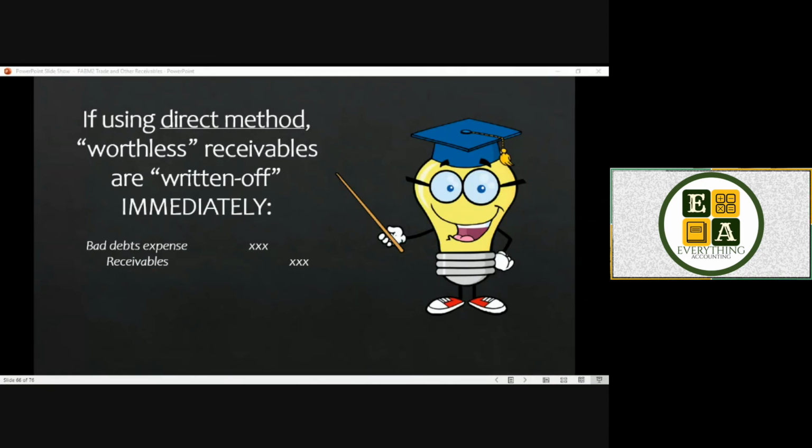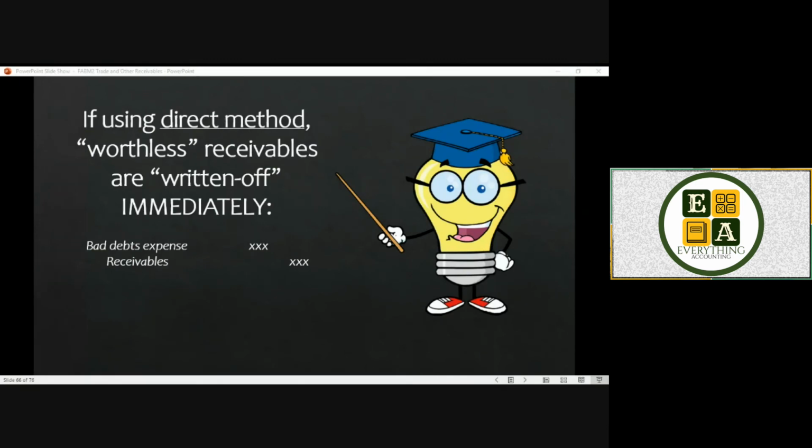So that's the time we recognize a bad debt expense, then directly credited to a receivable account. Okay? For direct method, there is a timing difference in recognizing the expense. We only recognize expense if the receivable is worthless under direct method.